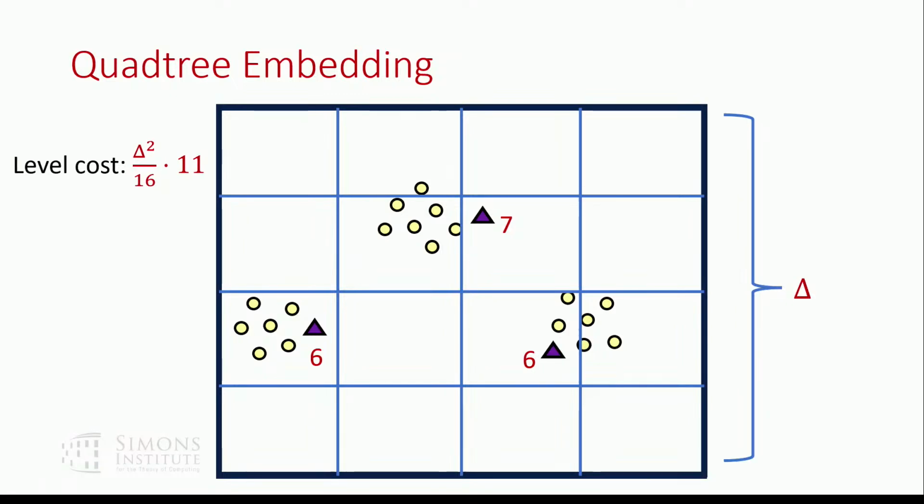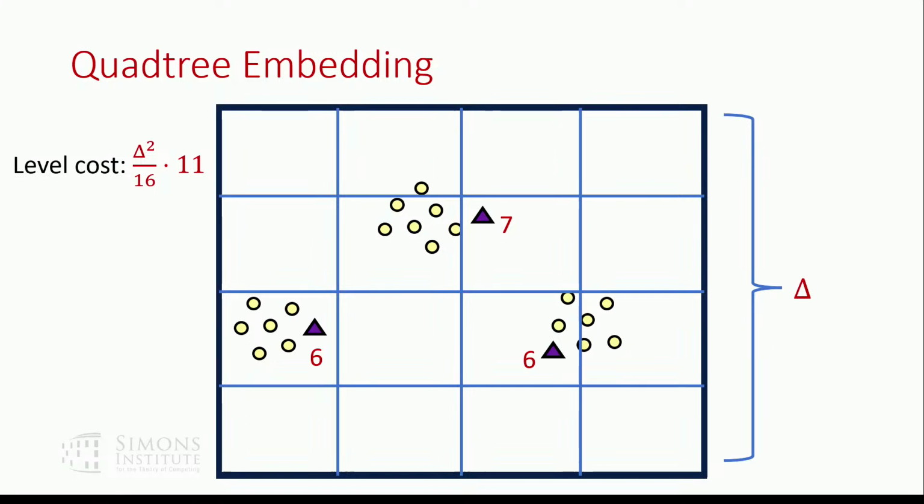The issue is that your distortion really depends on how far away your points are. So if your points are a certain distance away, then when they get separated, for k-median, they're going to incur a cost that's roughly the size of the grid. Okay? So if they're in 2 different cells, like here, the cost is going to be the size of one of these cells.